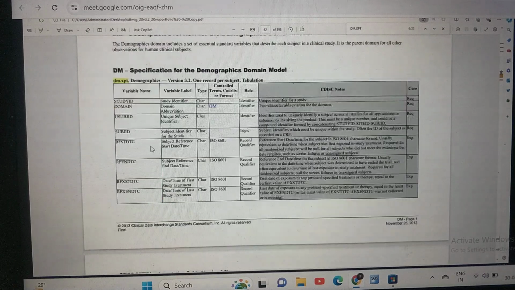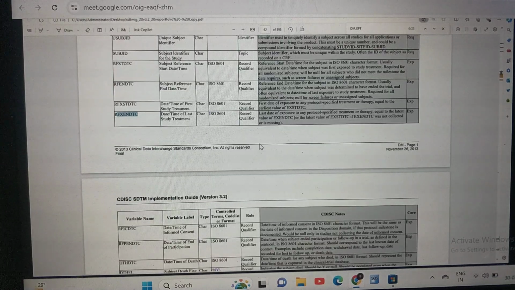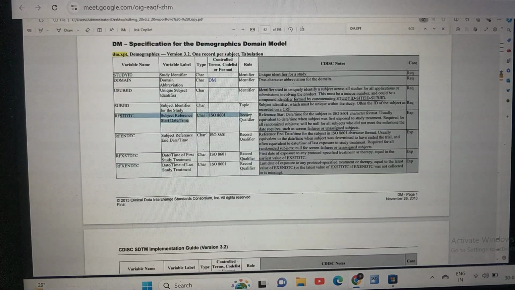In demographics, these reference dates, RFSTDTC, RFENDTC, RFXSTDTC, RFXENDTC, qualify the record. It's not assessment related. This is some particular reference. First dose of drug administration is one particular important milestone. This will qualify the entire record.